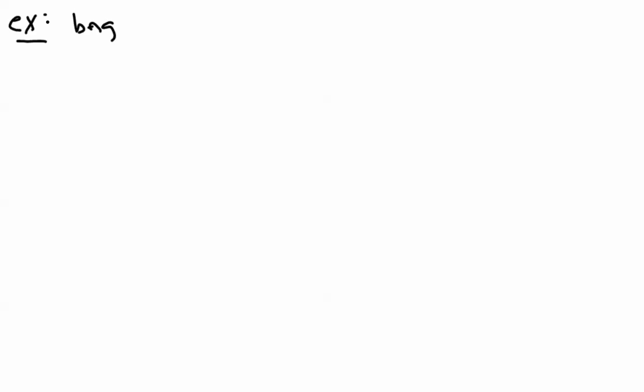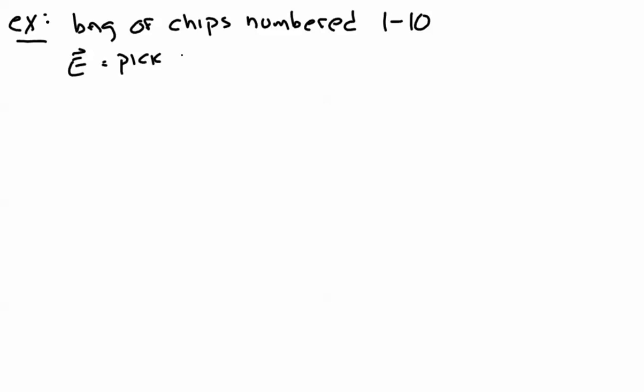We've got a bag of chips numbered 1 through 10. And I'm going to pick two numbers without replacement. So my chance experiment is pick two numbered chips at random.